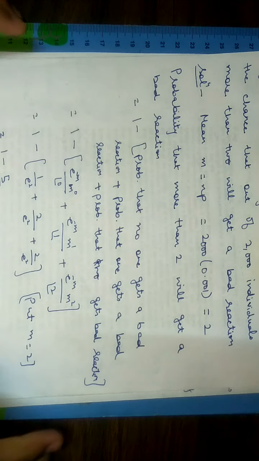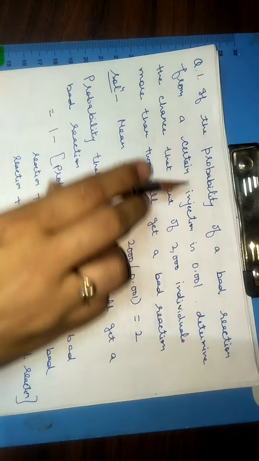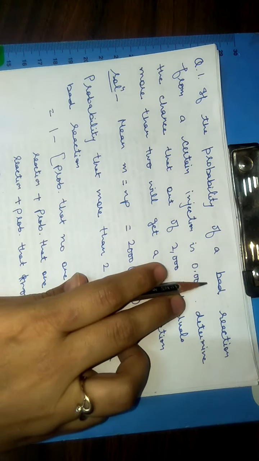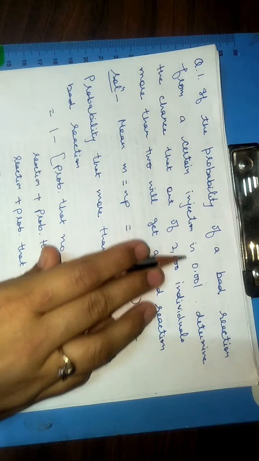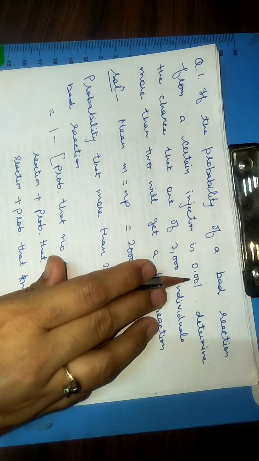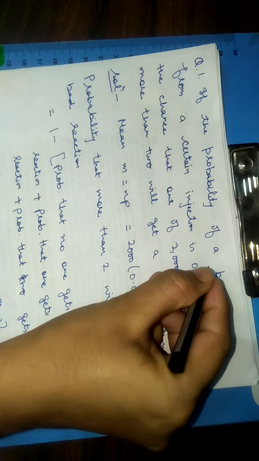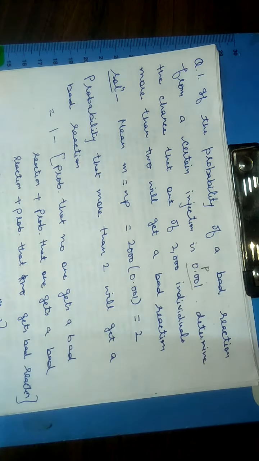Next, how we use Poisson distribution. If the probability of a bad reaction from a certain injection is 0.001, that means this is given as our probability.